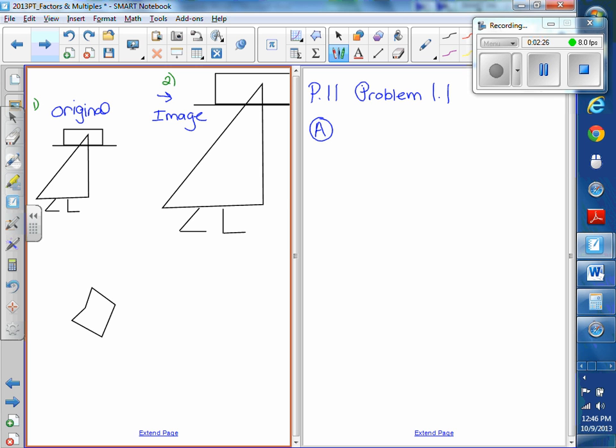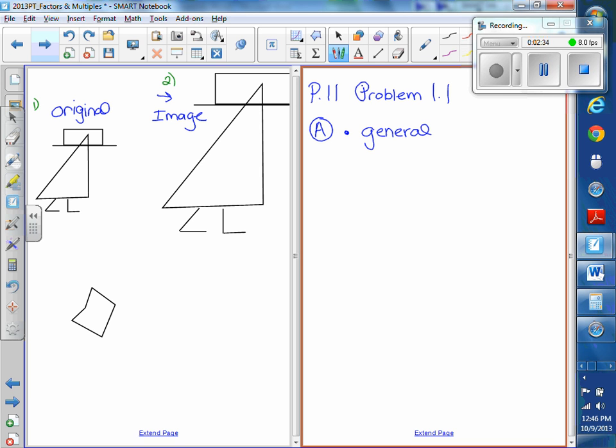And the first thing they talk about on A is how are the general shapes alike. And then the next part is, how about the lengths of the shapes? So think about these.